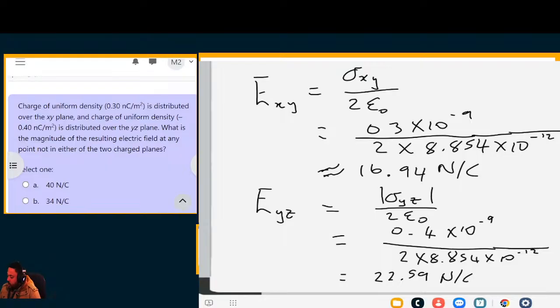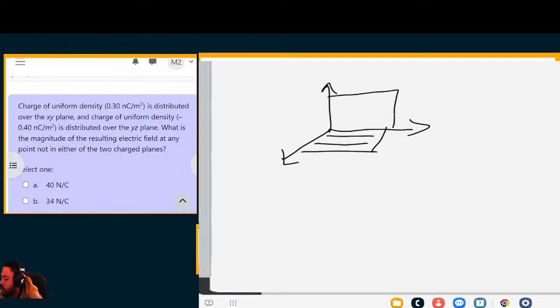Basically what they are saying is, remember I just drew this. We calculated the electric field for this plane, and then we calculated the electric field for this plane. Now this electric field for this plane here, the xy, this is x, this is y, this is z.